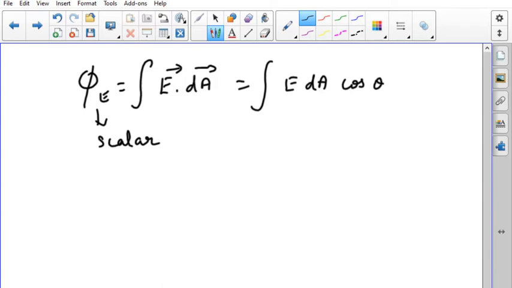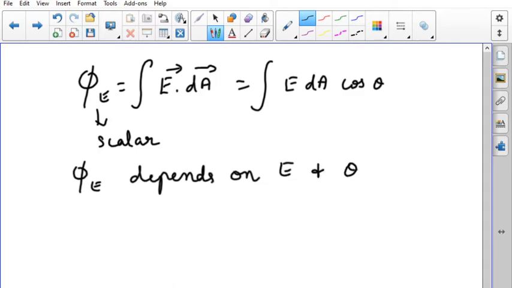So from this equation, we can understand that the electric flux for a given surface depends on both the electric field as well as the orientation of the surface with respect to the electric field. So the phi e depends on electric field and also the theta value.